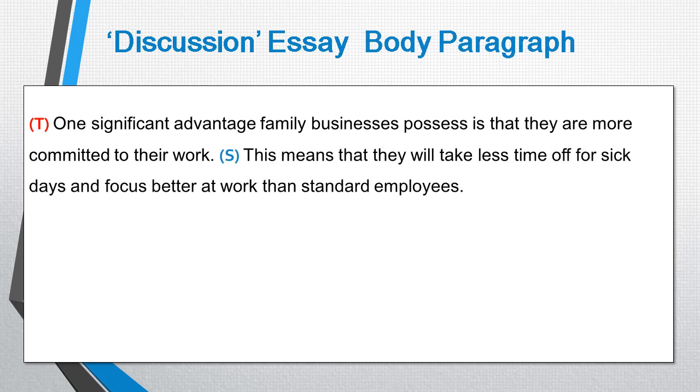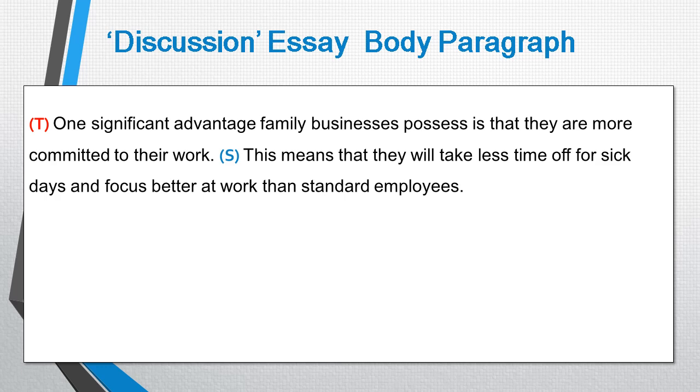Next, what we need to do is to support our main idea. What we shouldn't do is just simply list lots of different ideas. We have to develop our main central idea from the topic sentence. So our main idea in our topic sentence was that family business workers are more committed to their work.